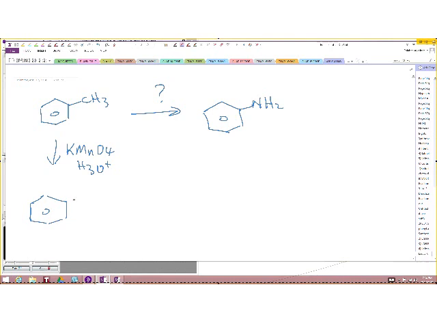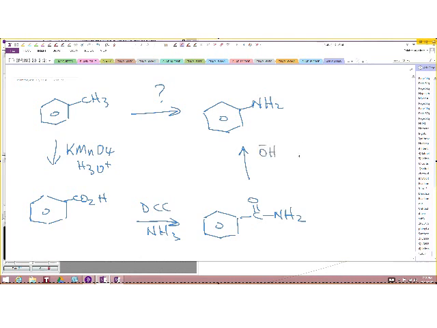Okay, then what do you do with that? DCC, okay. So now you want to form an amide with ammonia. And then you do your Hofmann rearrangement. Very good.